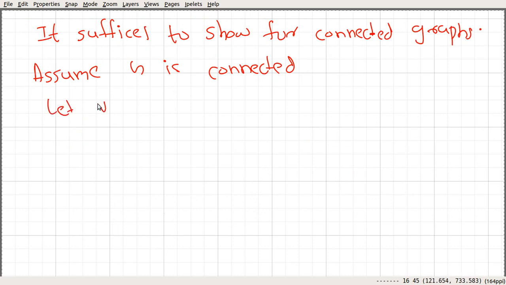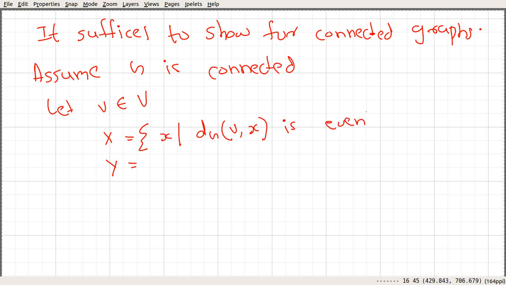Let V be an arbitrary vertex in the graph G. Using this V, we are going to partition the vertex set into two sets X and Y, and here is the rule for that partitioning. X is going to contain all the vertices x such that the distance between V and x is even.